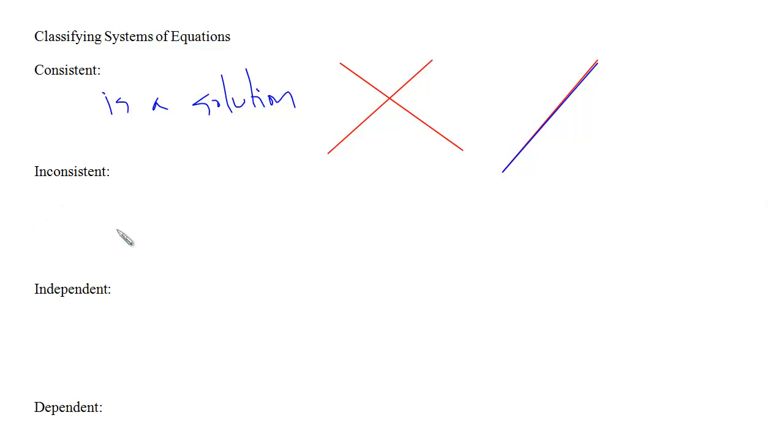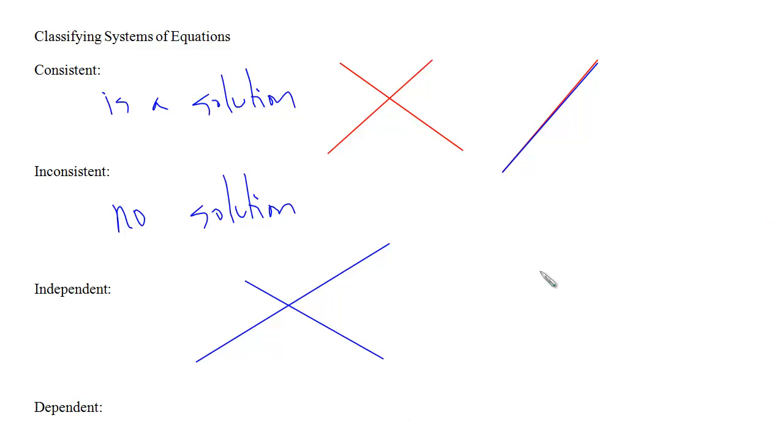Conversely, inconsistent has no solution. Independent, well, that really just means that they have one solution. And then dependent means they have infinite.